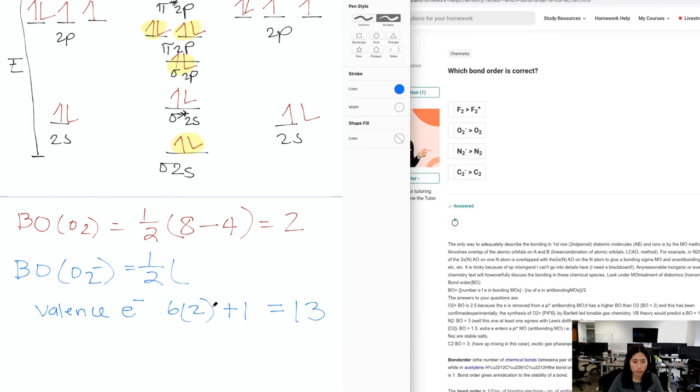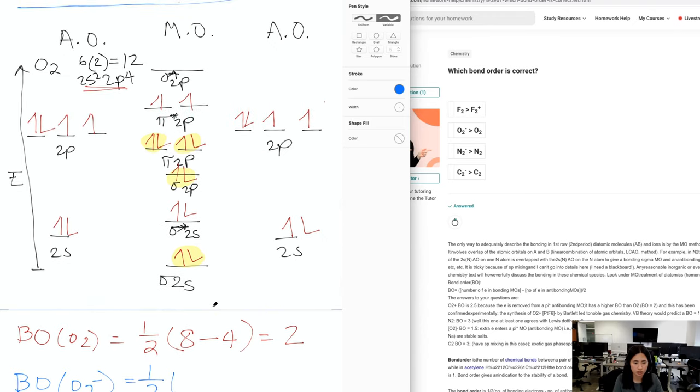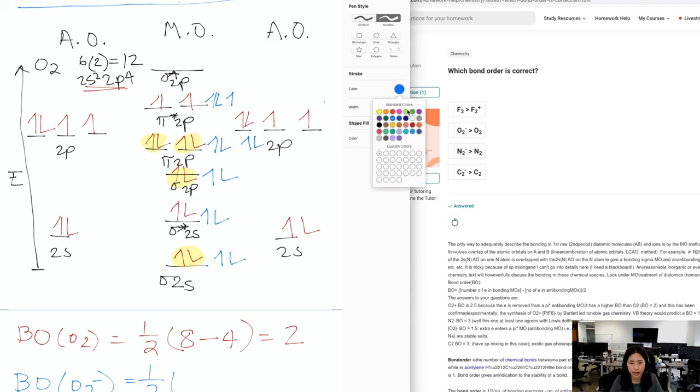So that means you're going to fill this with 13 electrons. So this is 1, 2, 3, 4, 5, 6, 7, 8, 9, 10, 11, 12, 13, and that's it, because it's only 13. So for bonding, oh my goodness, okay, sorry.